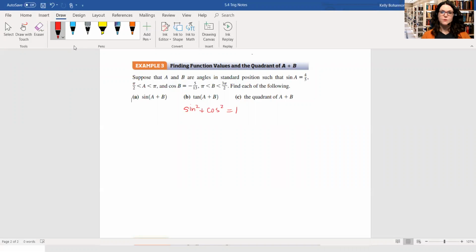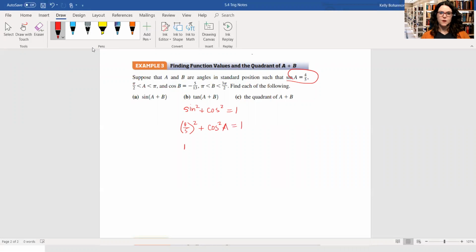Right now I'm going to be finding cosine of A because I know what sine of A is, 4/5. So I'm going to do (4/5) squared plus cosine, we'll just call it theta right now, squared theta. Oh no, we need to call it A. I'm sorry. Sometimes my brain doesn't work so good. Okay, cosine of A squared equals 1.